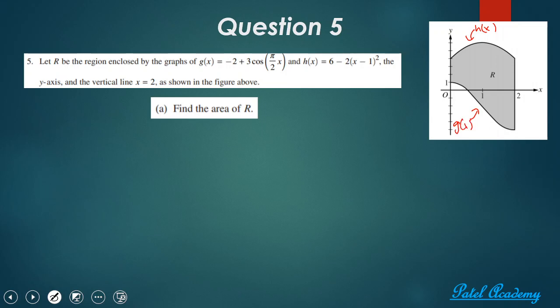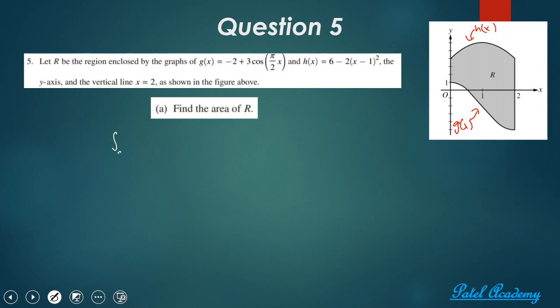Alright, so find the area of R. Well, this is a fairly simple question, because when you're finding the area, all you have to do is the integral between, now in this case they're both expressed as a function of x. I also see that the region is bounded by the y-axis, so x equals 0, and the line x equals 2.